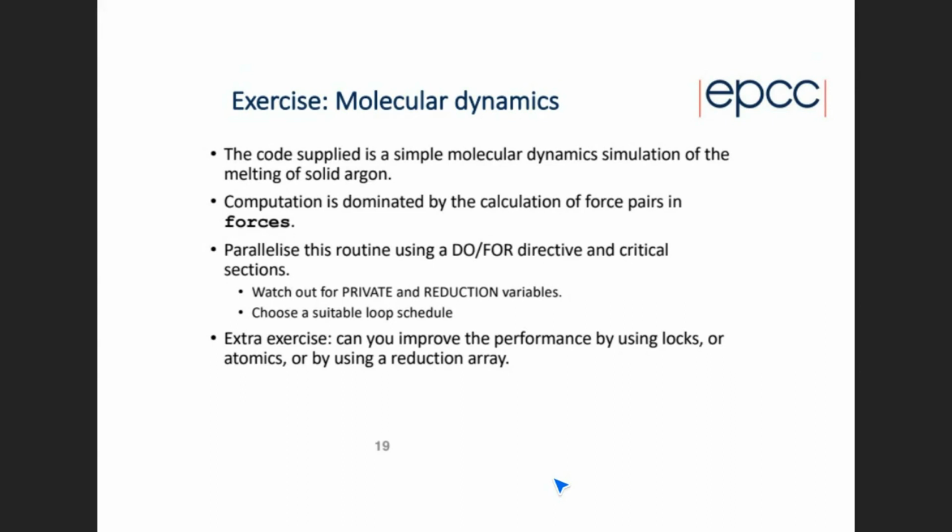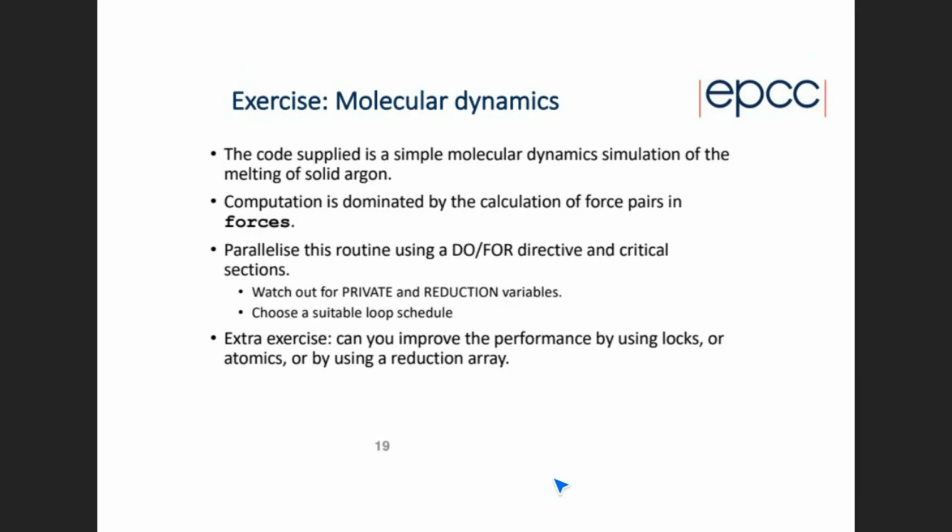But then once you've got something working with critical, say, okay, can you improve the performance by using atomics or using locks? Or in fact, there's also another way to solve this pattern, and that's using a reduction array.